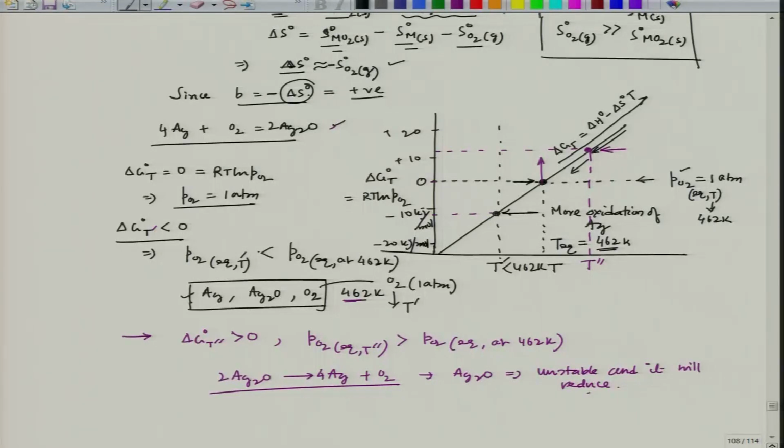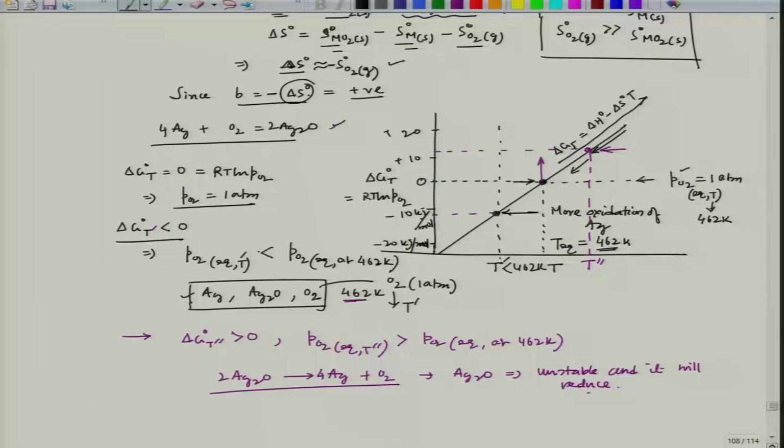So, it will try to reduce the oxygen content in the system. So, more oxidation would happen, and since it is a closed system, we are not supplying any oxygen from outside or taking any oxygen from inside to the surroundings. So, whatever happens should happen within the system.